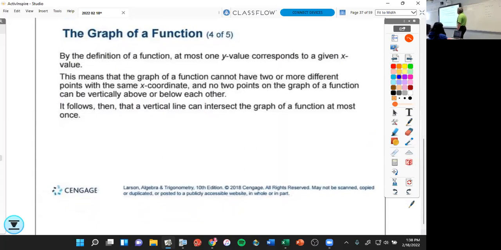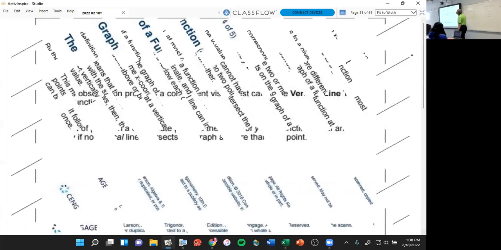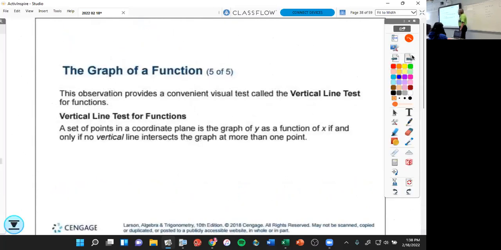No two points on the graph of a function can be vertically above one another. And it follows the vertical line test. So here we go with the vertical line test. Vertical line test tells us if we pass a vertical line across a function, if it touches it more than once, it is not a function.